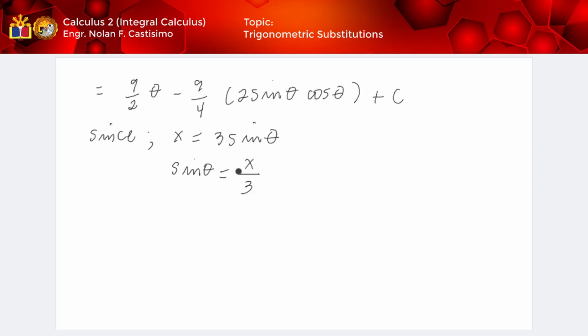So, therefore, mag-draw tayo ng ating triangle. Okay? Let's draw a triangle first. Right triangle. So, ito yung theta natin.